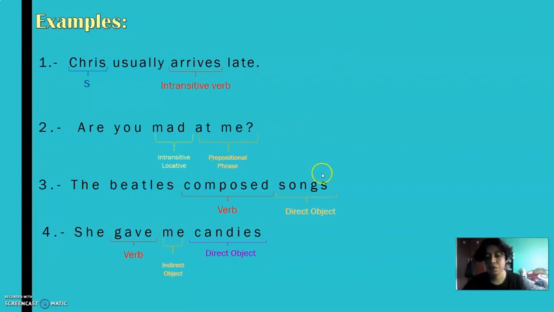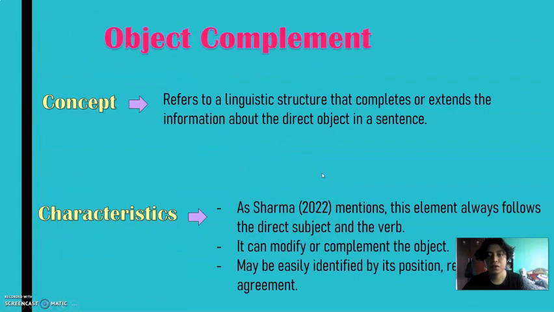Next, you have the third topic, the object complement. Okay, we have a concept: it refers to a linguistic structure that completes or extends the information about the direct object in the sentence. And the characteristics, we have 3.